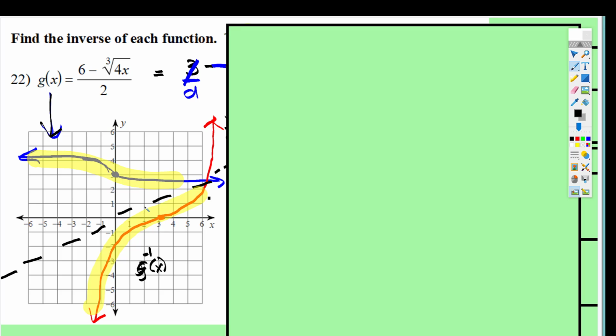If through the origin, if you draw a dotted line and across that slanted asymptote, these look symmetrical. So if you folded that graph on that diagonal, those two graphs would probably lay on top of each other if I would have drawn them really well. We're going to pretend that I drew them really well.